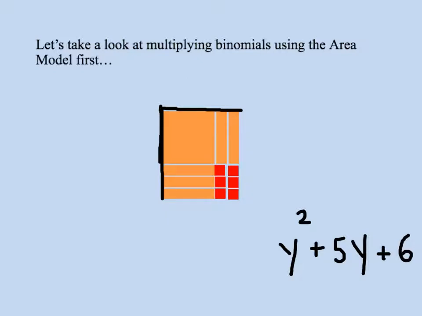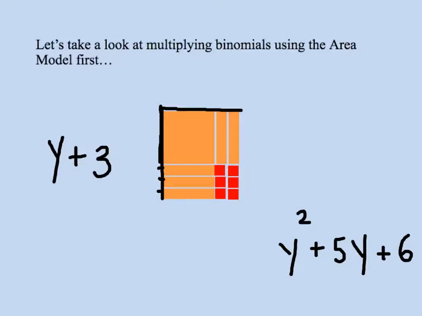is made from the y squared tile, which we know is y long, and 3 y tiles. Each are 1 wide. So with 3 of them, that would mean y plus 3 is the length of our rectangle.